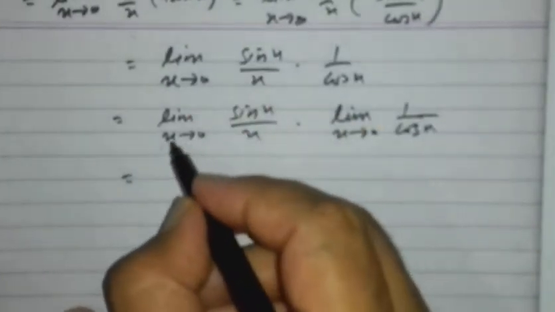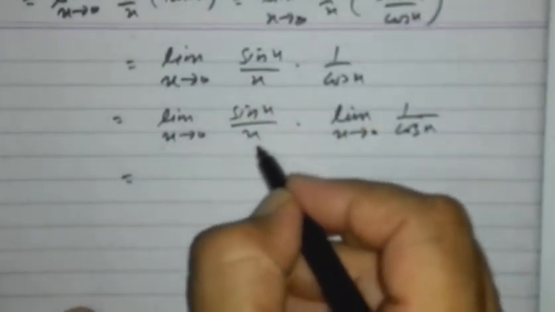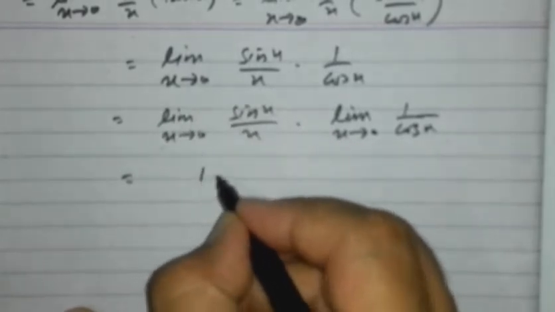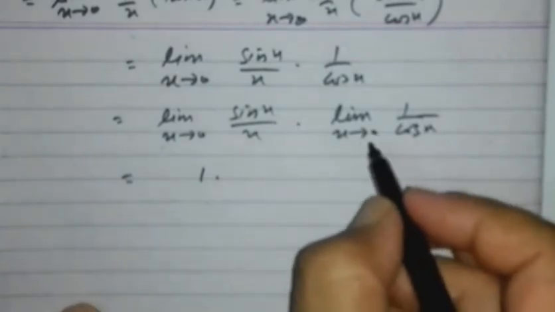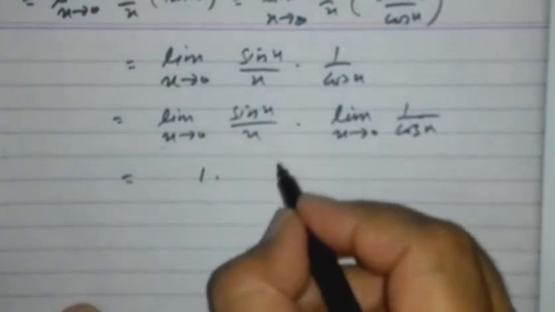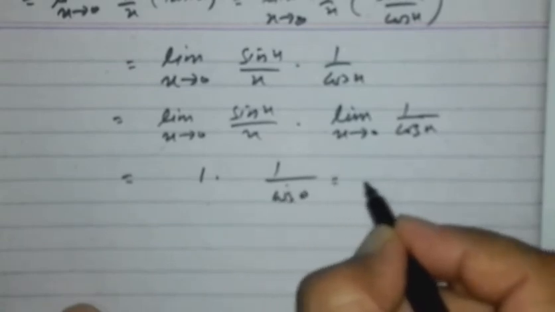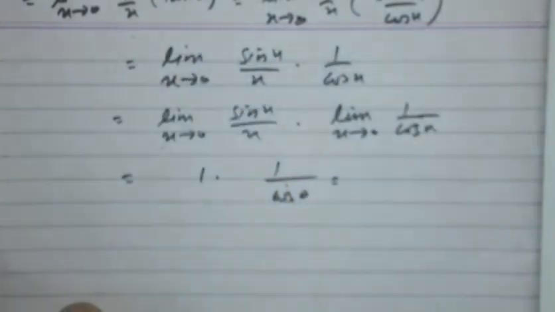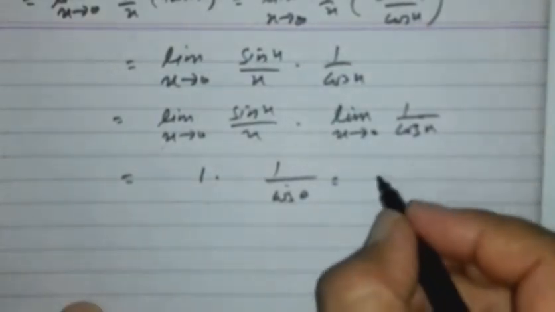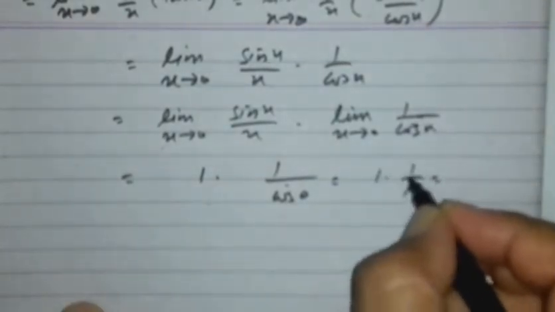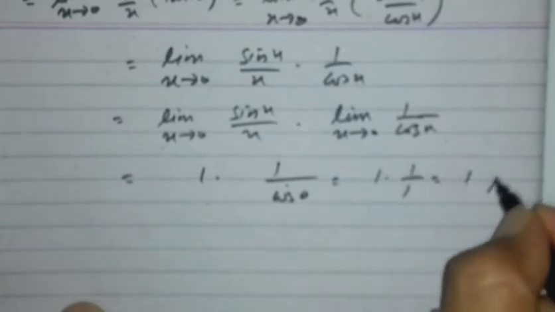Keep this in mind that limit x tends to 0, sin x by x is equal to 1 by definition, and put the value here, so we get cos 0. By using a calculator we will find that cos 0 value is 1, so 1 into 1 over 1, 1 ones are 1 divided by 1, 1 is the answer.